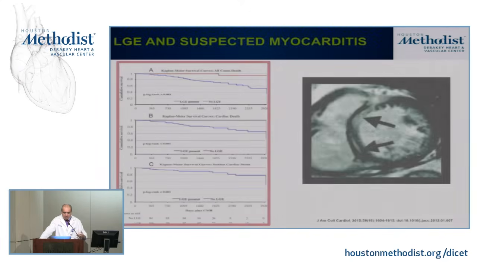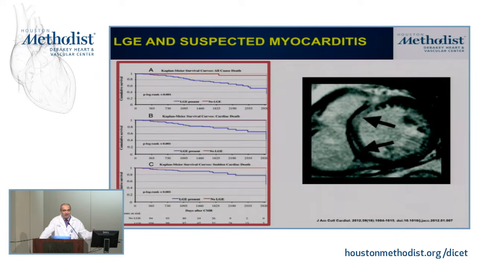And then, most importantly, I think, not just from a diagnostic standpoint but from prognosis, this is a follow-up study with a large series of patients that presented with clinically suspected myocarditis. Simply the presence or absence of having any late gadolinium enhancement had a pretty significant discrimination of prognosis in these patients, both from the standpoint of all-cause death, cardiac death, as well as subsequent sudden cardiac death.